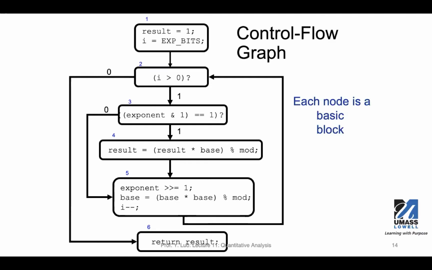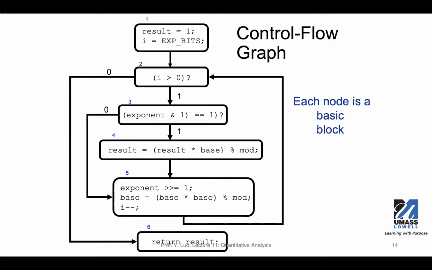And we're actually grouping some of the statements, some of the lines, into so-called basic blocks. So if you look at the first box here, result equal to 1, I initialized as EXP_BITS, so that's 32.